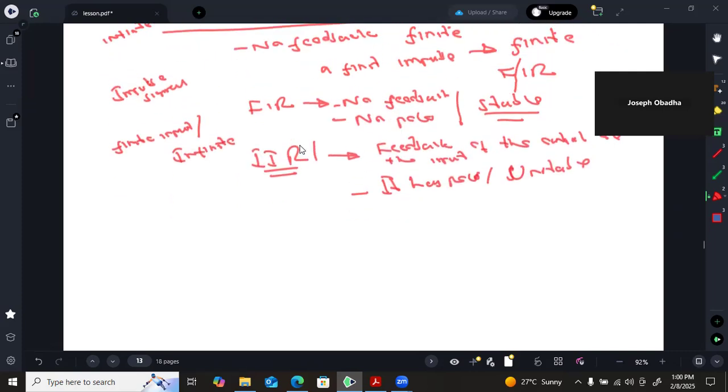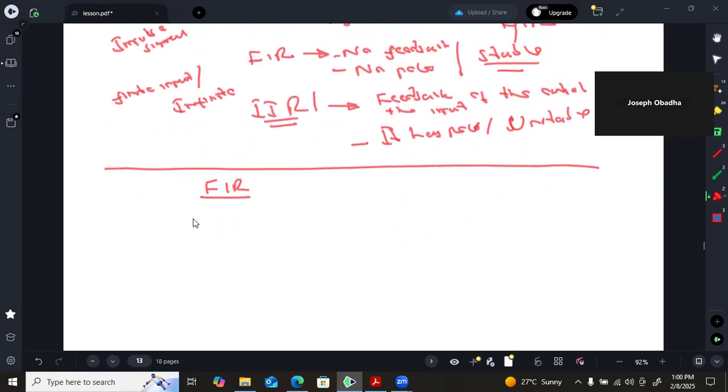So we can actually have a formal expression of such types of filters. When you have the finite impulse response filter, the output y of n is simply made up of the input, or scaled versions of the input. Let's say from k equal to 0 to M, b of k, x of n minus k. So we have delayed scaled versions of the input.